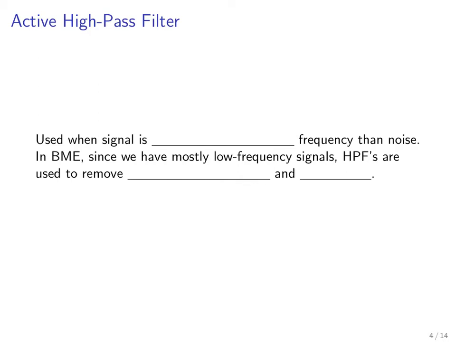Now, of course, high-pass filters are going to be used when a signal we want to preserve is going to be of higher frequency than some noise source or other unwanted signal source.